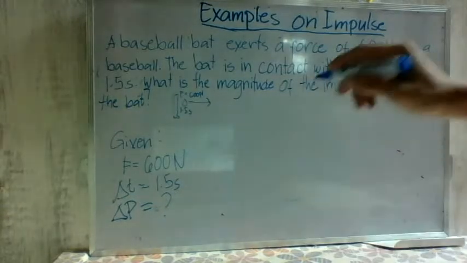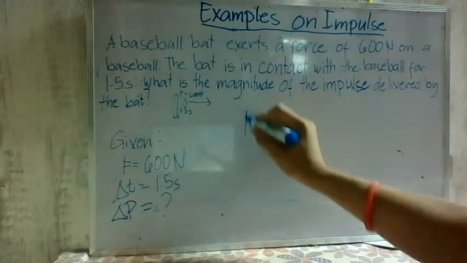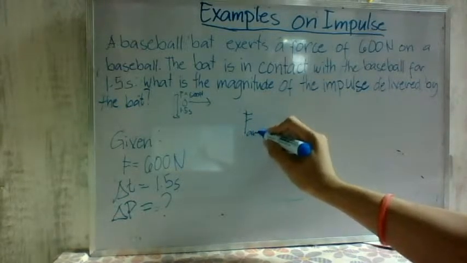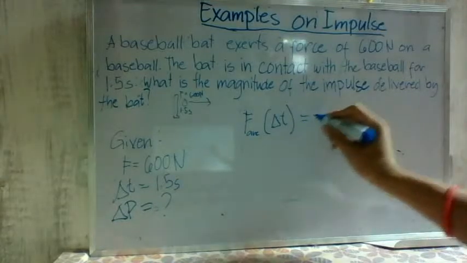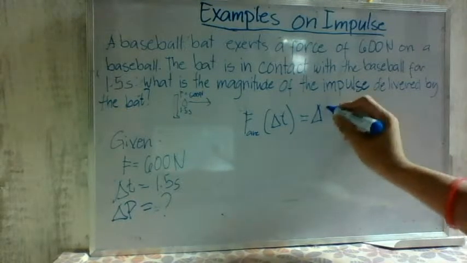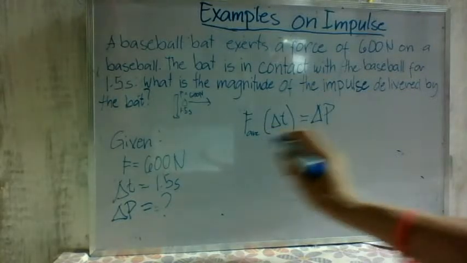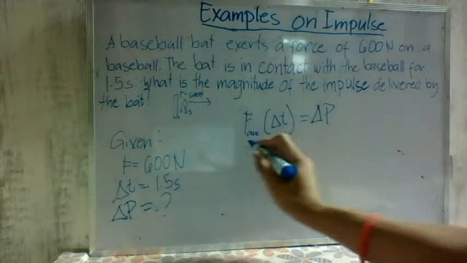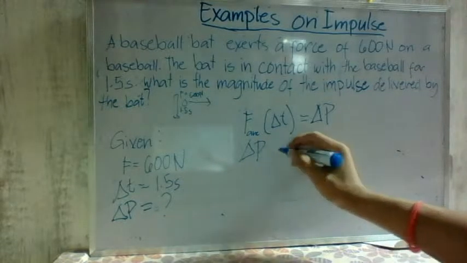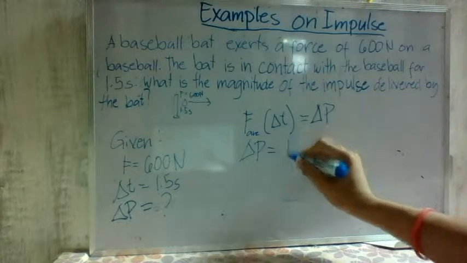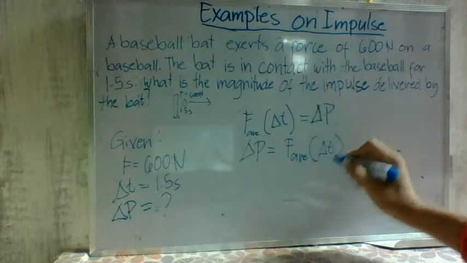So, atong gamiton nga formula is force average times the change in time is equal to the impulse or the change in momentum. So, input nato atong given. Impulse is equals to force average times change in time.